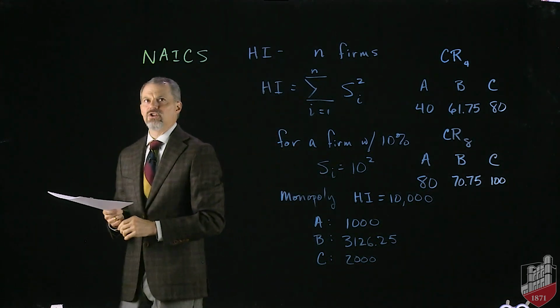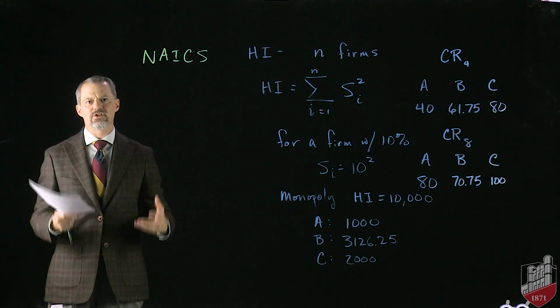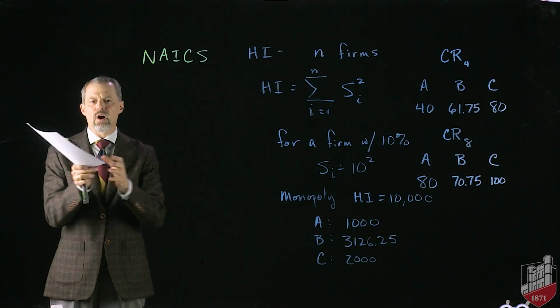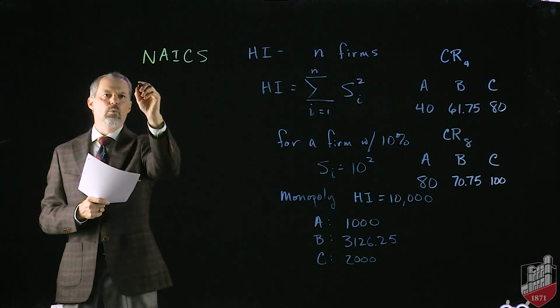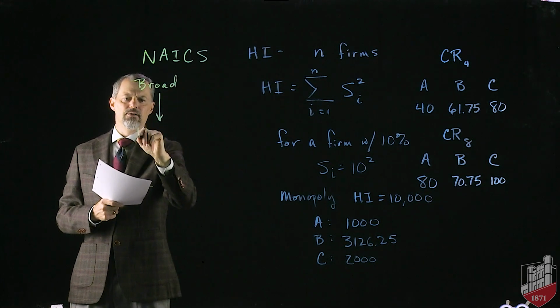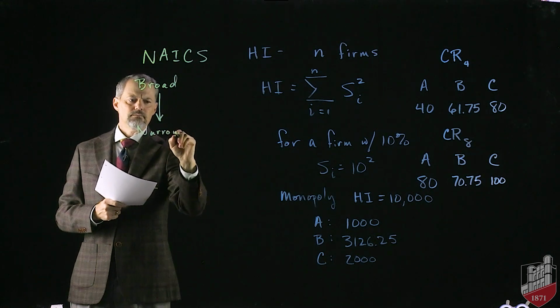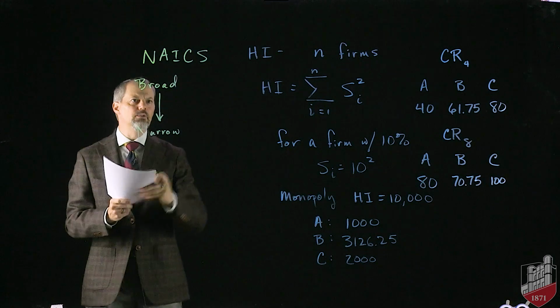It's put together by the U.S. Census Bureau, and essentially it is a classification of markets from very broad definitions down to more narrow definitions. So we have broad down to narrow, and these are given codes.